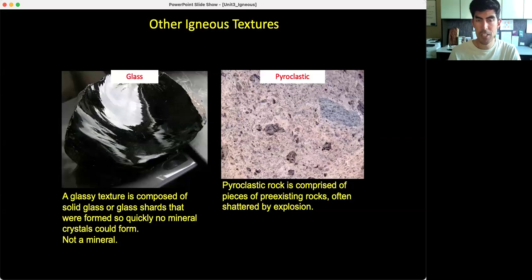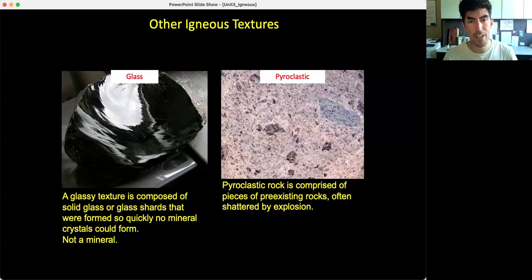Couple more textures to keep in mind. Glass is an indication that the magma, or the lava, was cooled instantaneously. There is no time for minerals to form, and everything is sort of stuck solid as it was in the magma chamber. Pyroclastic is a texture that is created by the explosive eruption of magma, of lava, onto the surface.